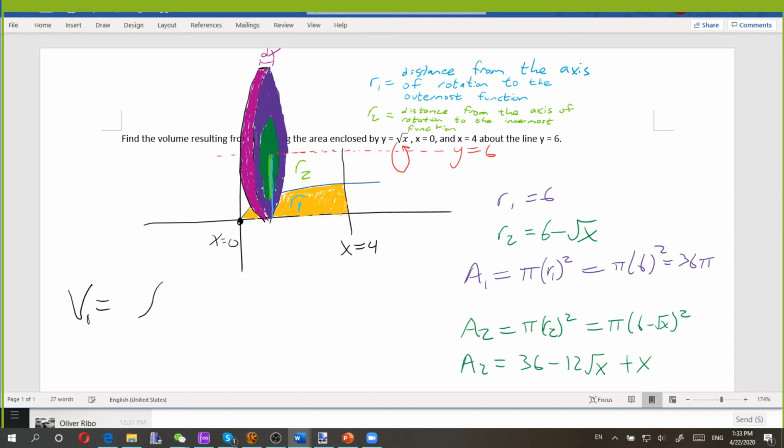Okay, first I'm moving from 0 to 4, but then I need to multiply my area times my depth. What's the area of the purple disk? 36 pi. And what's the depth of the purple disk?